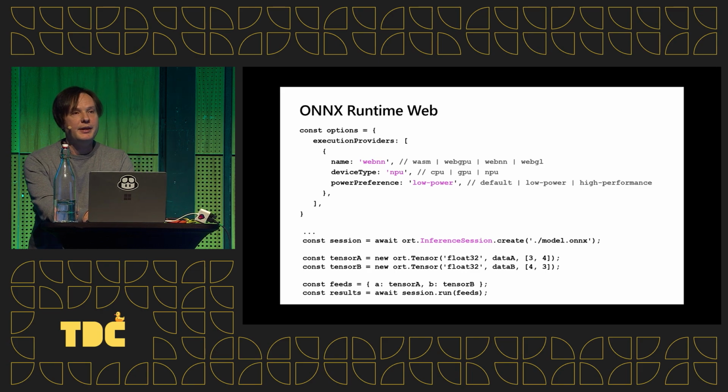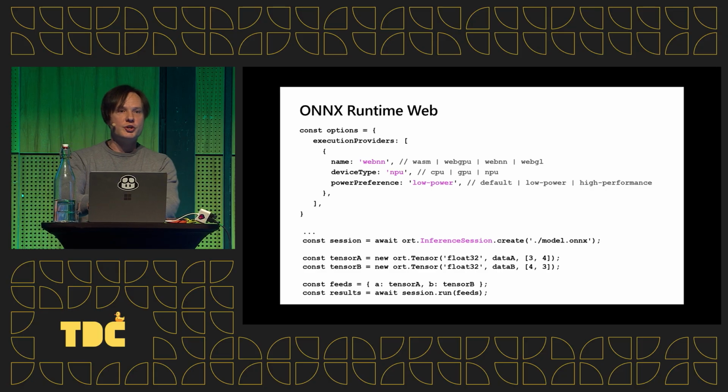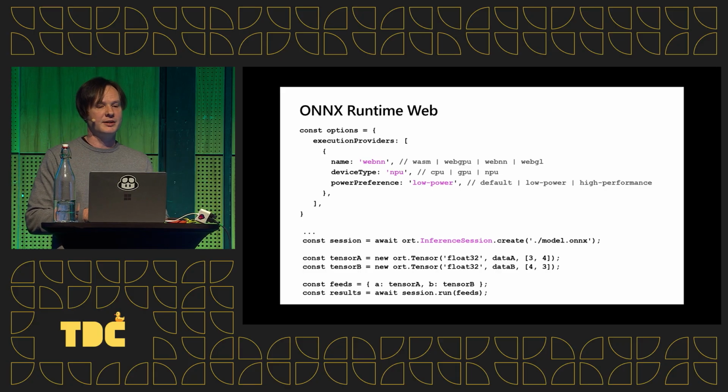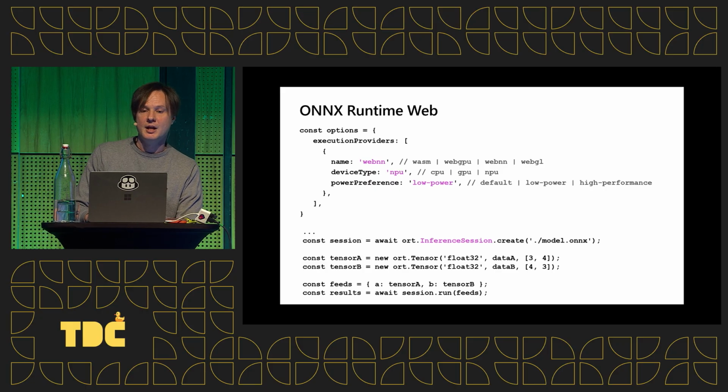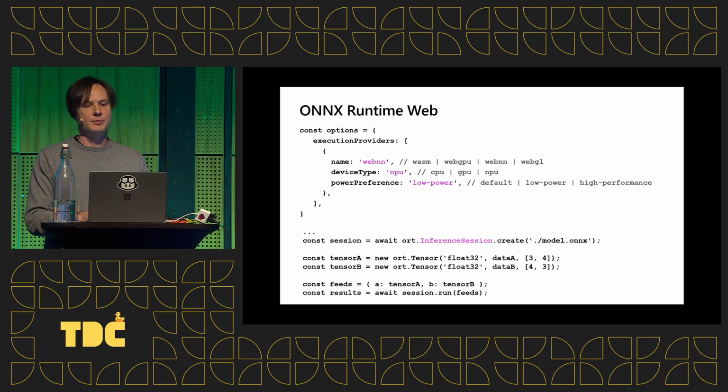And also here, basically in ONNX Runtime Web, you can choose which API to use as a backend. And you set this in the execution provider's setting. And yeah, you see, WebNN is one of the possible backends for this high-level framework. There's also WebGPU, WebGL, though maybe you don't want to use WebGL.